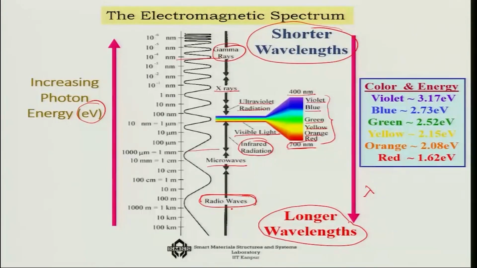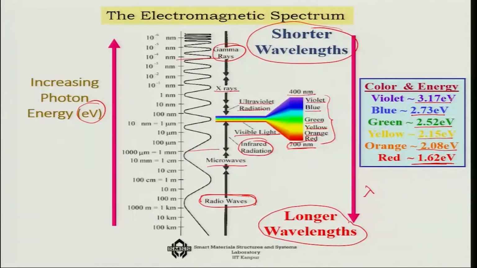For example, if you consider it in the visible spectrum itself, red has an energy of about 1.62 electron volt, orange 2.08 electron volt, yellow 2.15 electron volt, green 2.52 electron volt, blue 2.73 electron volt. It is increasing gradually, and violet is 3.17 electron volt.